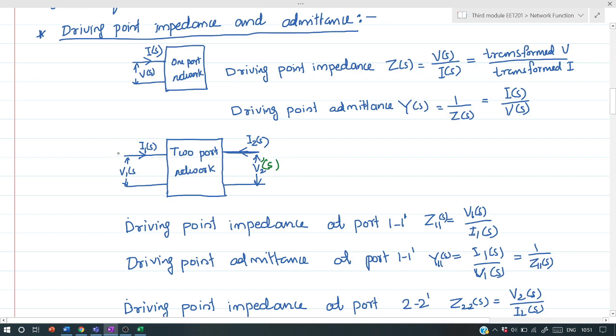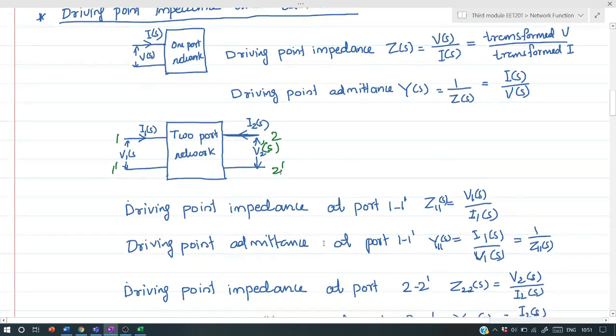Say this is 1 dash and this is 2 dash. So corresponding to the 1 dash port, that is the input port, driving point admittance is Y11(s), which is equal to the reciprocal of Z11(s), that is I1(s) divided by V1(s).